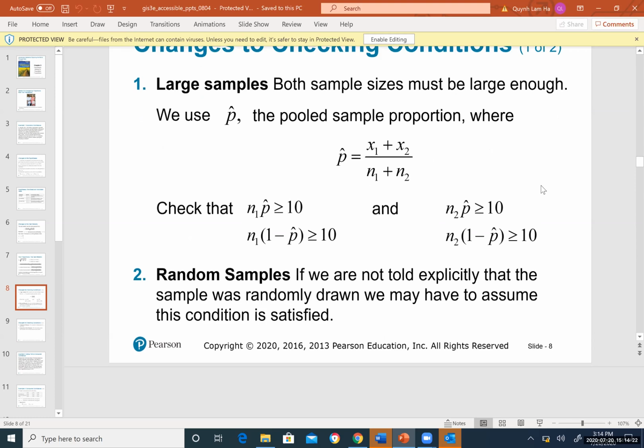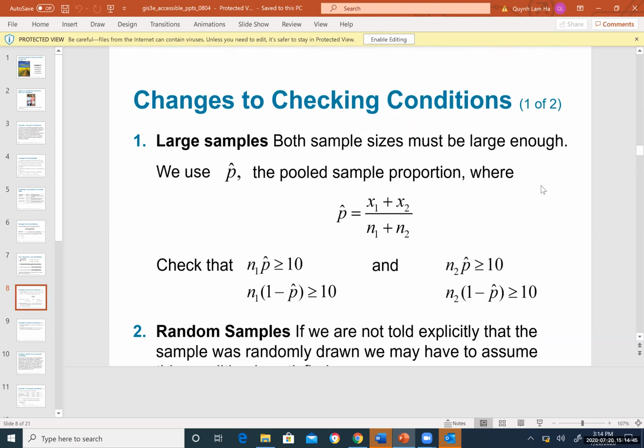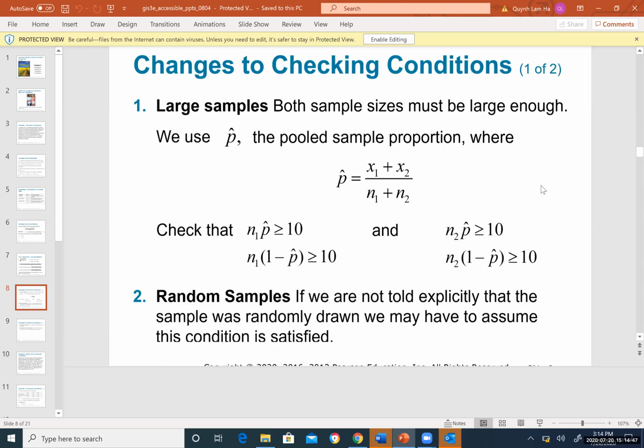So condition number two, random samples. If we are not told explicitly that the sample was randomly drawn, we might have to assume this condition is satisfied. So that is one of the reasons, right? All the time this will be a random sample, and they have it large enough for us to do the work.